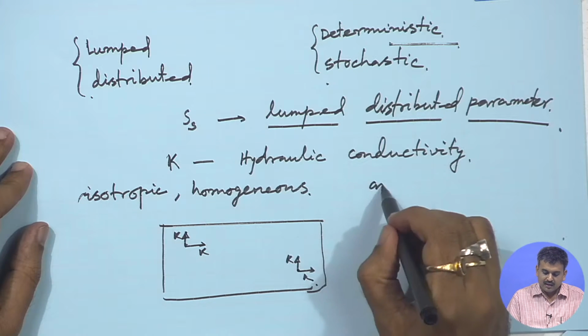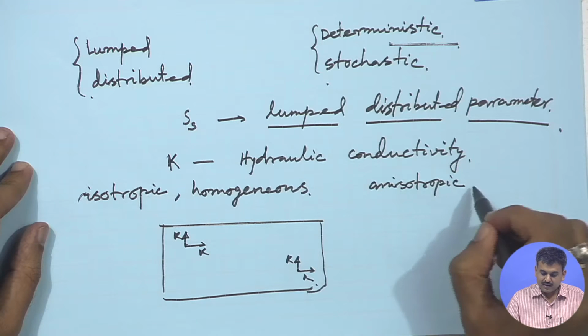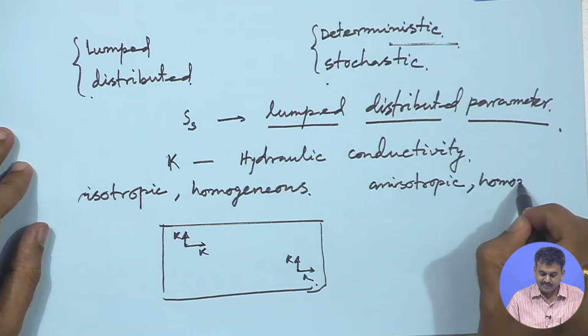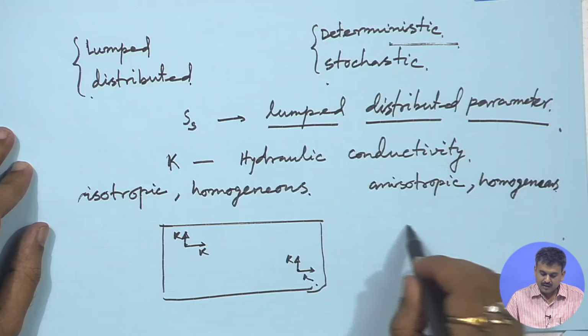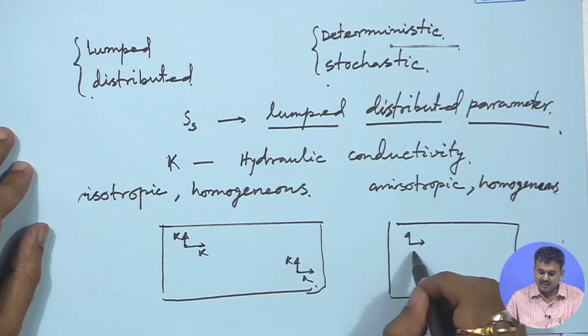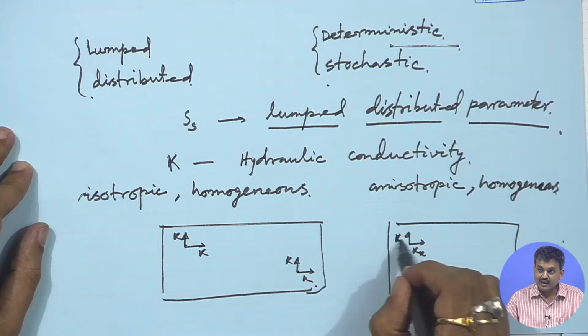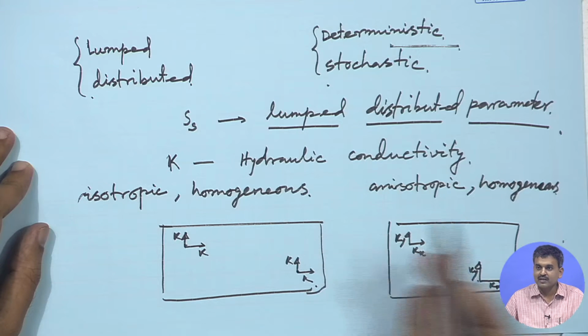Then you can have anisotropic homogeneous. Anisotropic homogeneous. Anisotropic means, let us say in one direction you have kx, ky, and at another location you will have the same kx, ky. That means spatially your values are not varying, but there is a change in values if you change the direction. Okay.